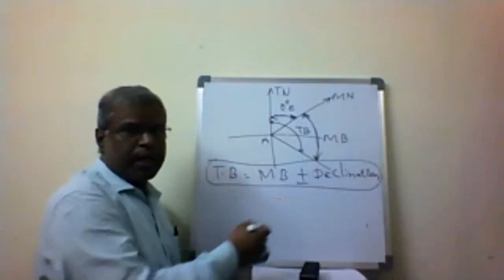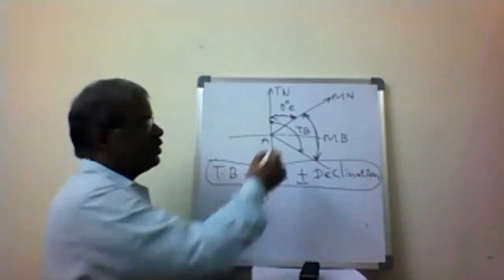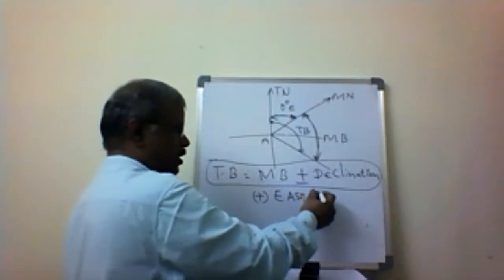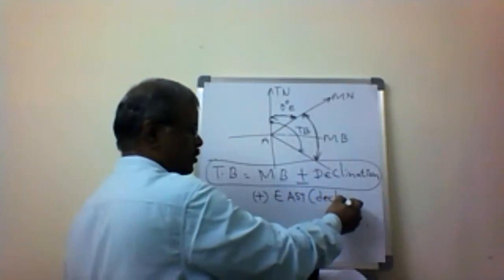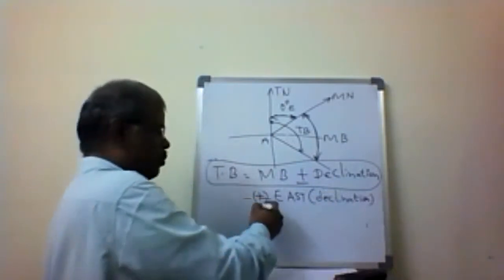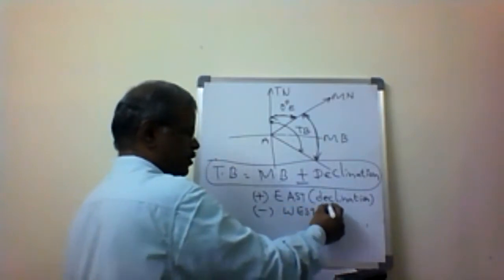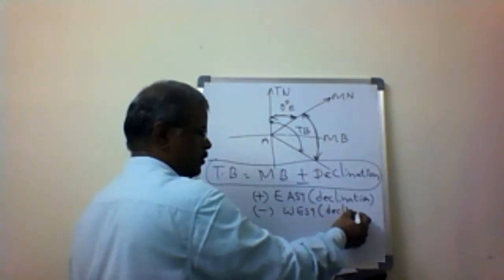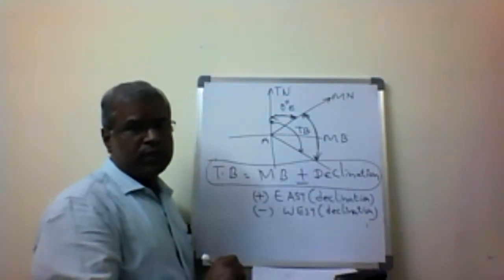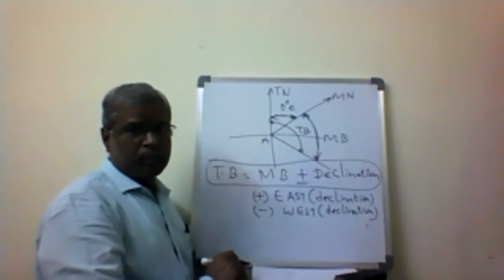Use the plus sign with magnetic bearing when the declination is east, and the minus sign when the declination is west. This is the general formula to calculate the true bearing: magnetic bearing plus or minus declination.